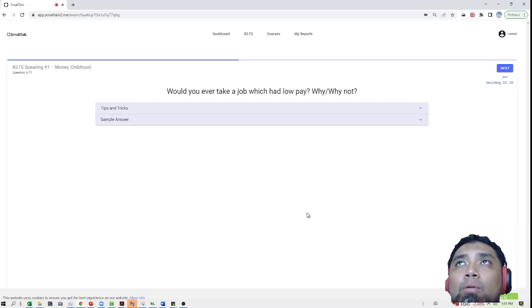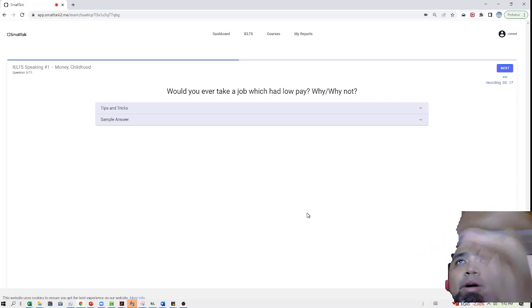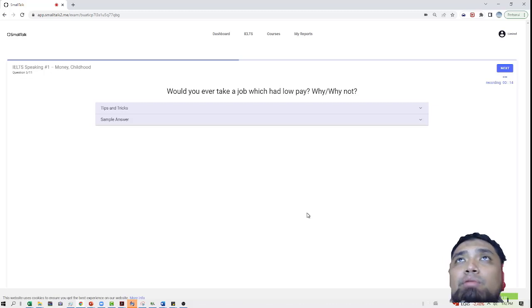However, if the job that you want to take is not the same as your passion, it will be better not to take that one, because it's hard to work with a burden, and then you don't have patience with it, and then you have low pay for that.